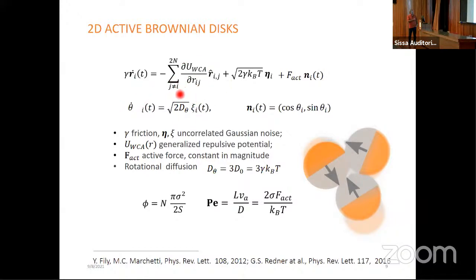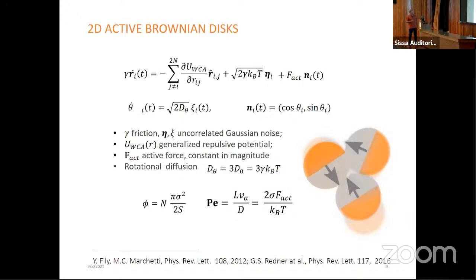All this bit is complicated to read, but it's just excluded volume interaction introduced by a very stiff potential. We use not the full Lennard-Jones, but only the repulsive part of the Lennard-Jones, with a very high power, 64 for the repulsive part.